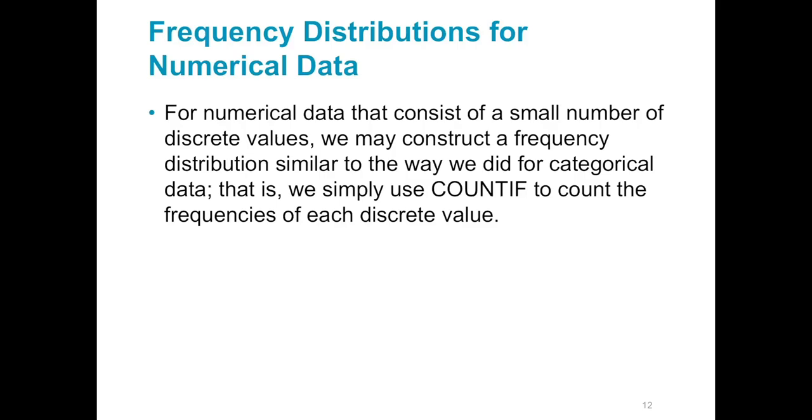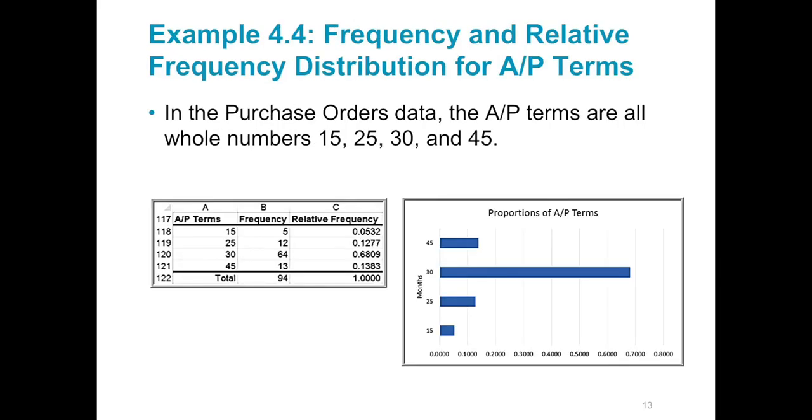When numerical data takes only a small number of distinct values, the same COUNTIF approach works. Just count each specific value. So again, in our purchase orders data, when we look at AP terms, then we can actually see that it only takes 4 values: 15, 25, 30, and 45.